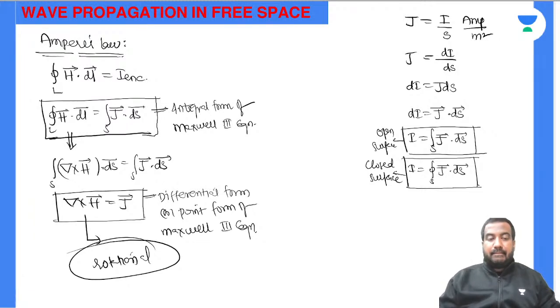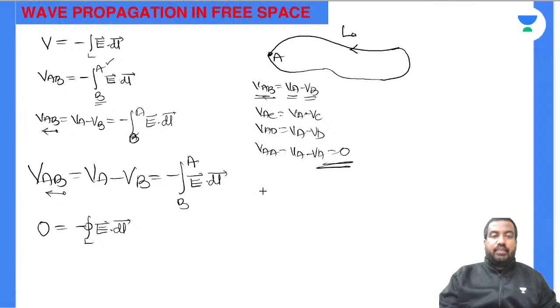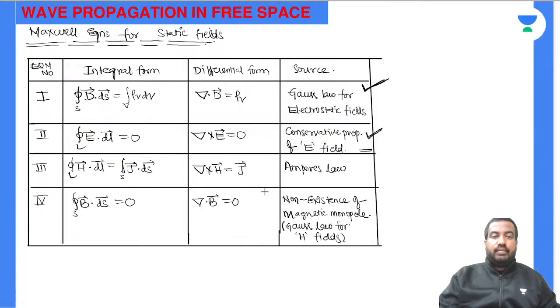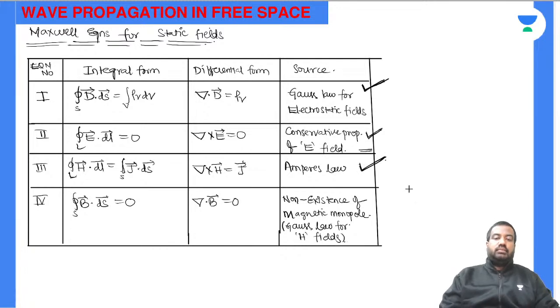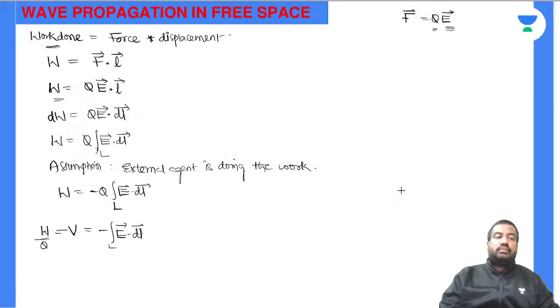Okay. So this completes the third equation, Ampere's law. Now the fourth equation, non-existence of magnetic monopole.